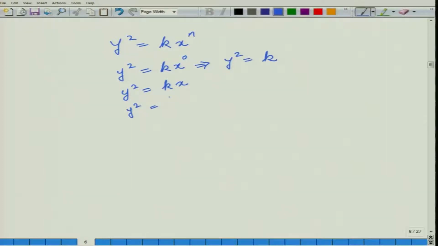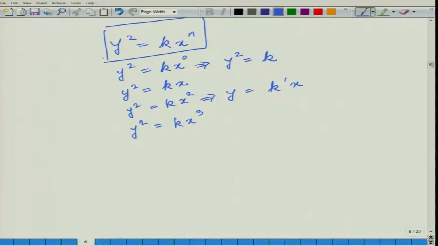When you have n equal to 2, you will have y square is equal to k x square, which can also be written as y is equal to k prime x. And if you have n equal to 3, you will have y square is equal to k x cube. Now, all these different shapes as defined by the equation y square is equal to k x to the power n, they are known as form of the tree.